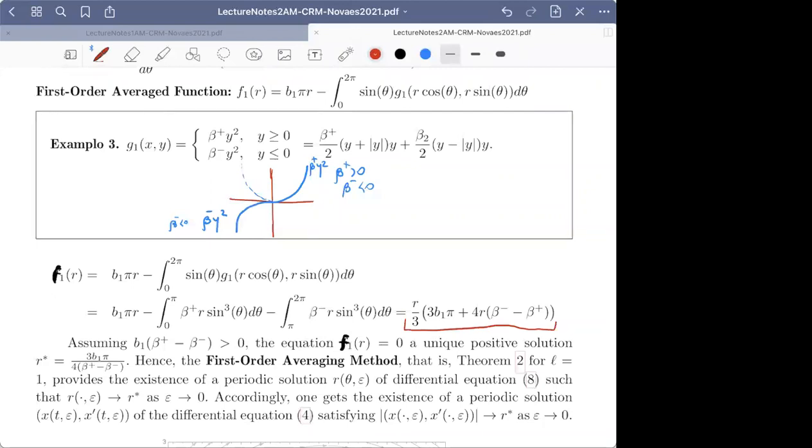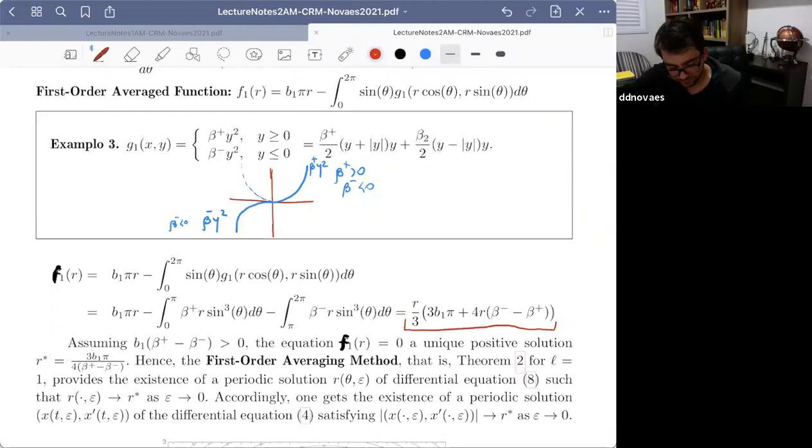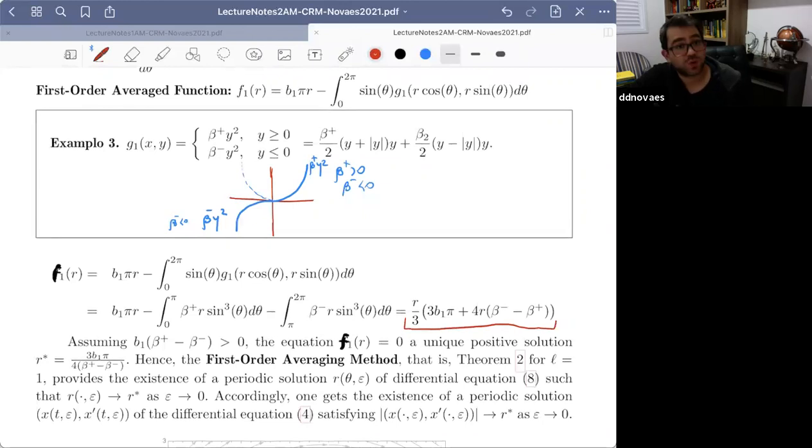The coefficients appear in all the powers, and this is why in the piecewise world you also have more limit cycles. This is the same phenomenon here. Yes, you get more coefficients in the first order average function. In your case, you get more Lyapunov coefficients, right?